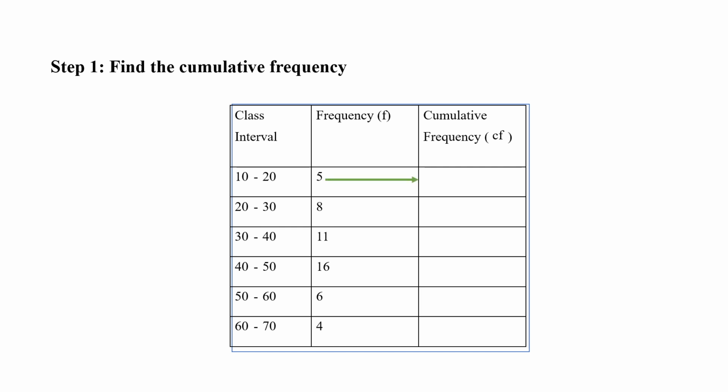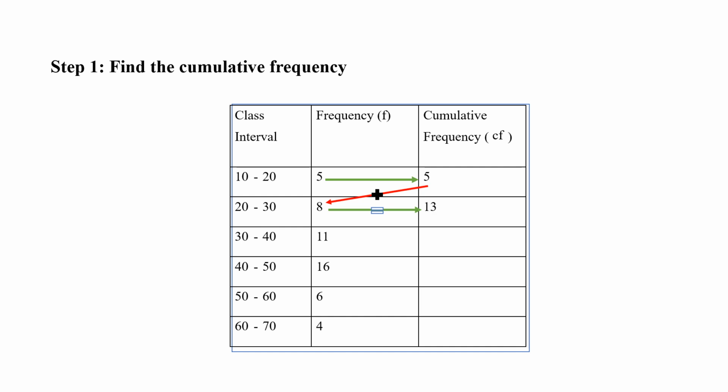For example, for the first class, which is from 10 to 20, the frequency is 5, so the cumulative frequency is 5. For the second class, from 20 to 30, the cumulative frequency is the sum of the first and the second frequencies. So 5, which is the frequency of the first class, plus 8, which is the frequency of the second class, gives us 13.